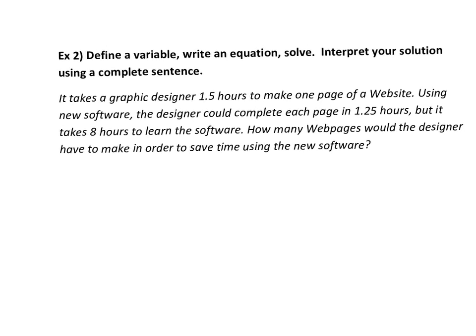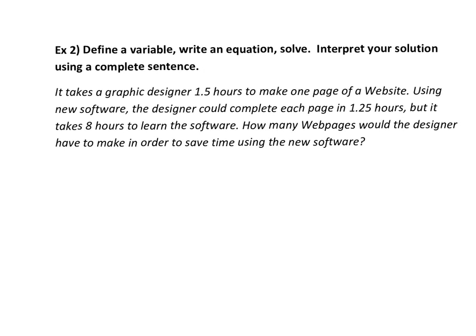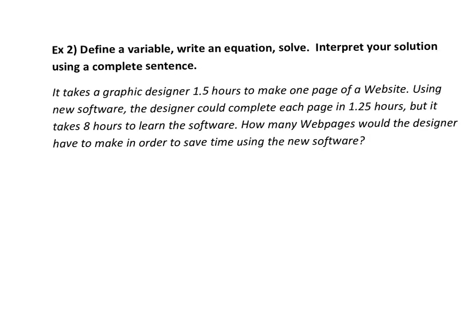Last problem. So we're going to go through our 4 steps for working on a word problem, right? We're going to define a variable, write an equation and solve, and then we're going to write our sentence. Okay? It takes a graphic designer 1.5 hours to make one page of a website. Using new software, the designer could complete each page in 1.25 hours. But it takes 8 hours to learn the software.